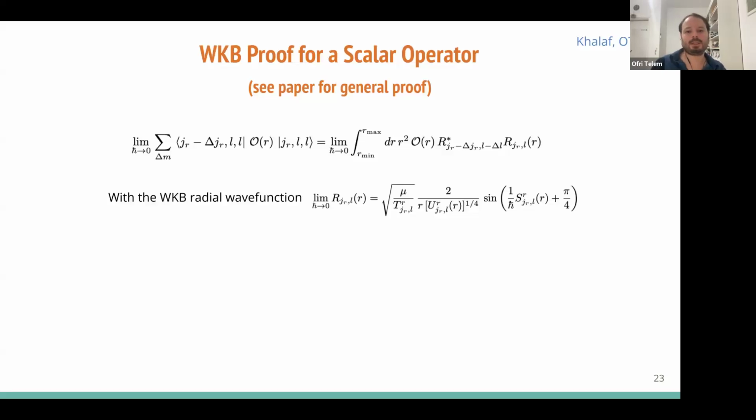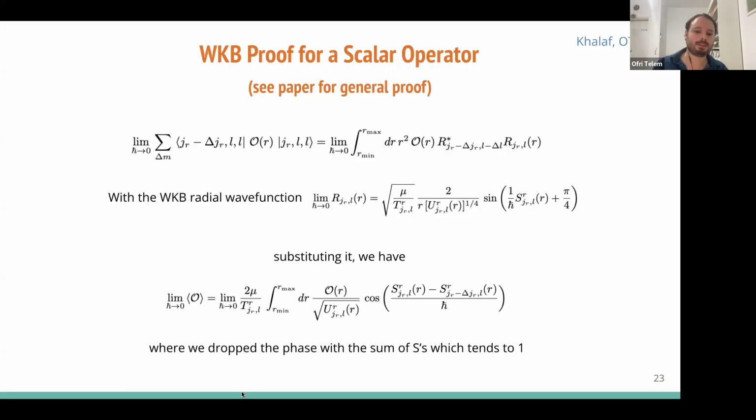The idea is that in the h bar goes to 0 limit, I can just substitute the WKB form for these wave functions. When I do this, because of the product of these R's, I'm going to get a sine times a sine, which is a cosine of the difference and a cosine of the sum. And the cosine of the sum just goes to 1 because h bar goes to 0, so I'm going to drop it.